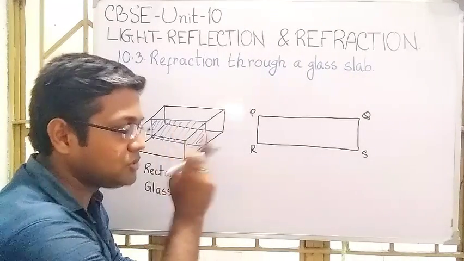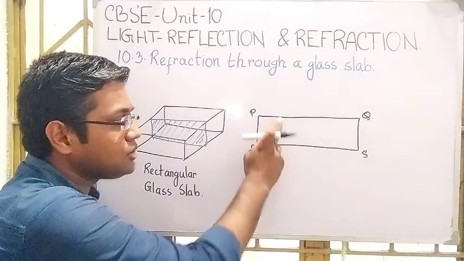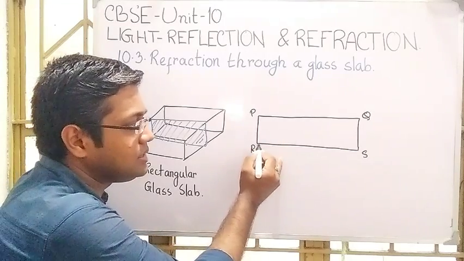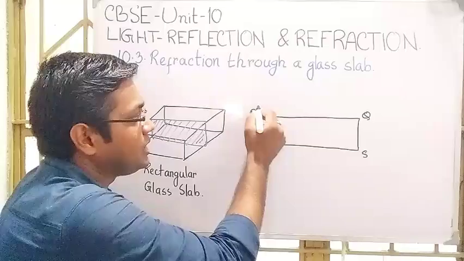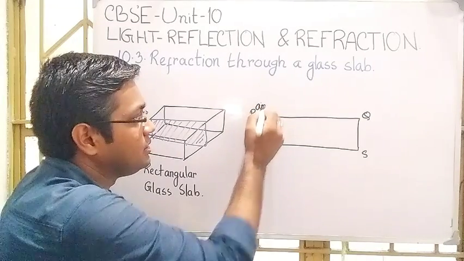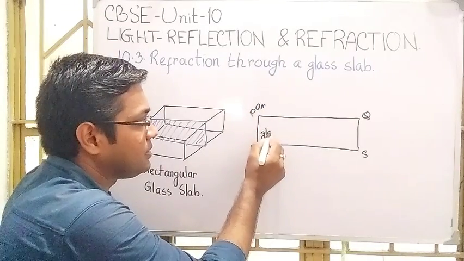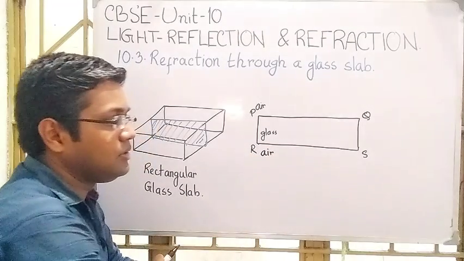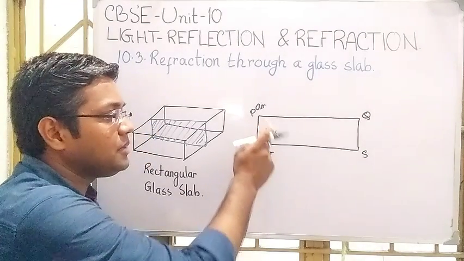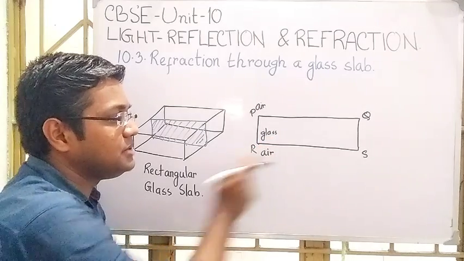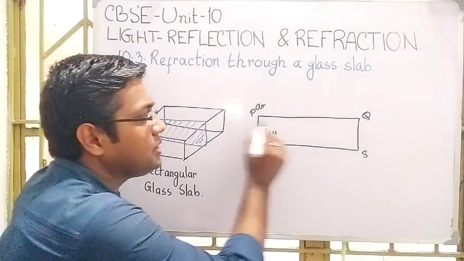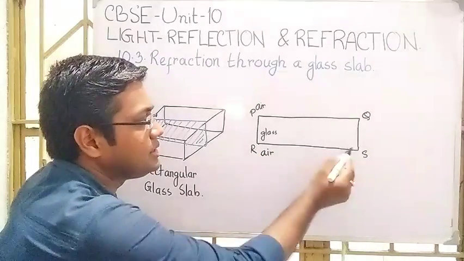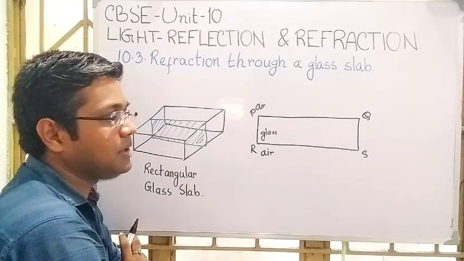One thing we should notice here: these opposite refracting surfaces are the interfaces. If I say it is air, then it is glass, and it is also air. So light is refracting from air to glass, then glass to air. So PQ is an interface, RS is an interface.